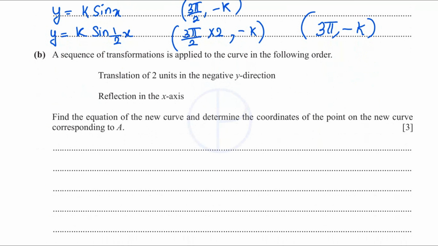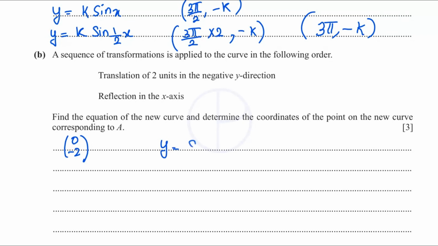The B part of the question is a sequence of transformation is applied to the curve in the following order. Translation of two units in the negative y direction, reflection in the x-axis. Find the equation of the new curve and determine the coordinates of the point on the new curve corresponding to A. So the first transformation applied is a translation. So 0, negative 2.